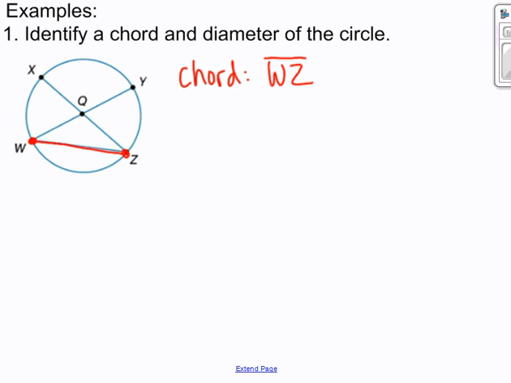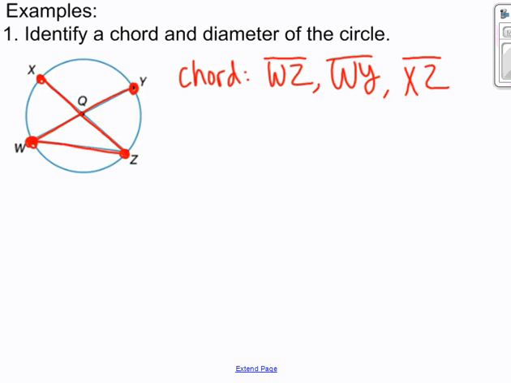Make sure you put a segment line over that. Another chord with two endpoints on the circle would be WY. And the last one would be XZ. Because they all have endpoints on the circle.